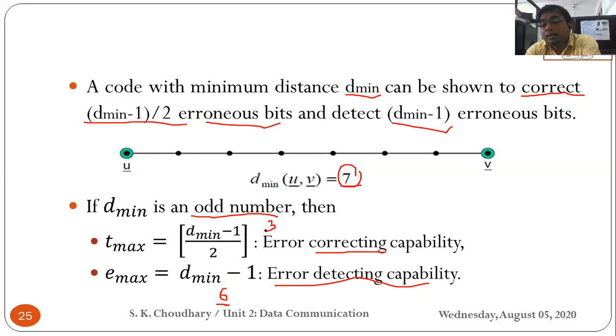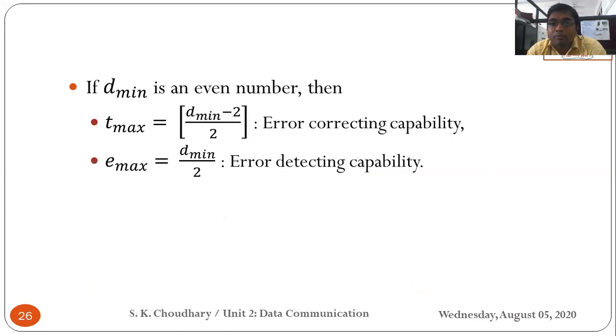But if D minimum is an even number, here it is an odd number as per this example, but suppose D minimum is an even number, then how many bit errors could be detected and how many errors could be corrected? The formula is a little bit different. If D minimum is an even number, you can detect D minimum upon 2.